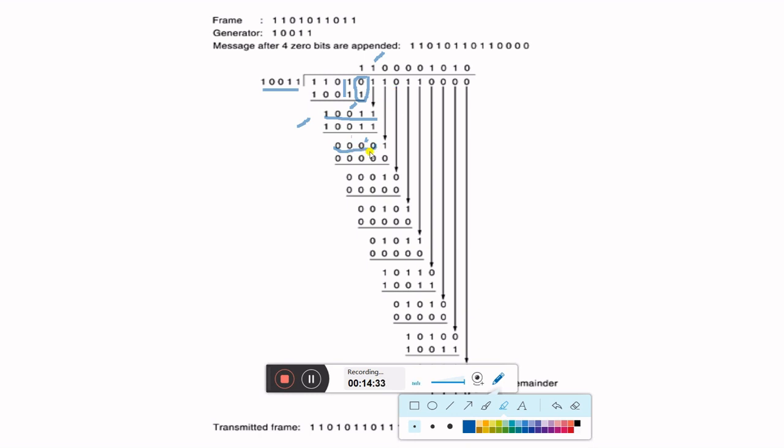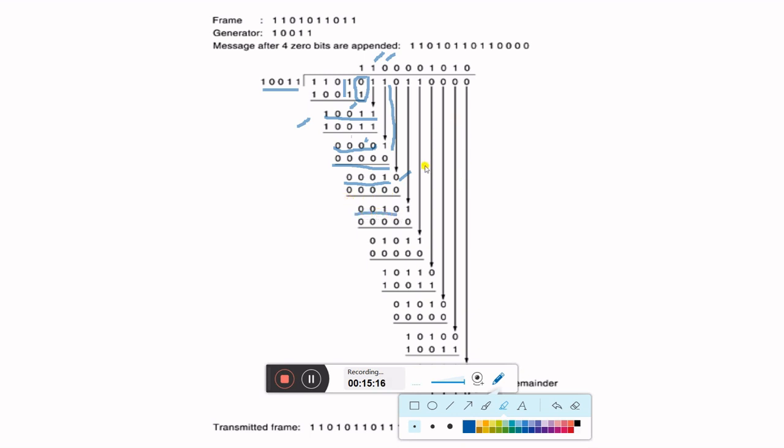The number of bits is 4 here, and in the divisor there are 5 digits, so we have to take 1 from here. Again we have 5 digits, and after that these 5 bits start from 0, then next is 0, all zeros, and after that we found 0001. Again 0. In this way, after XOR we find this.